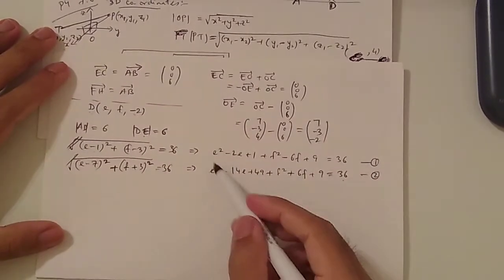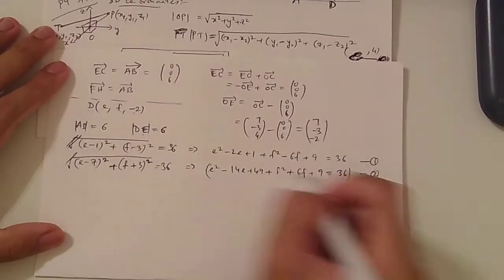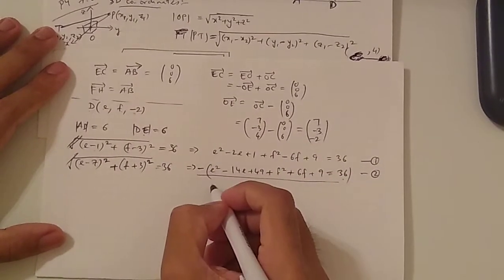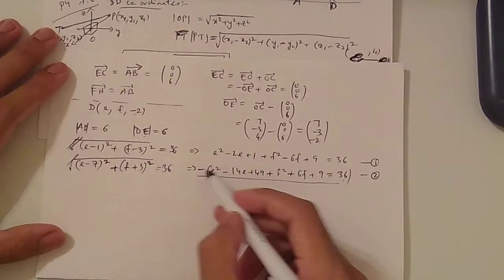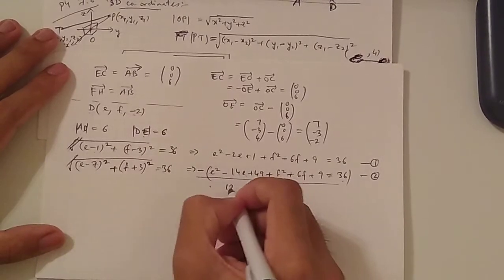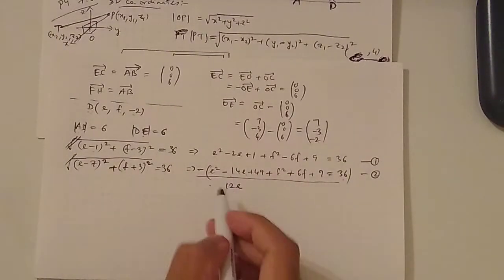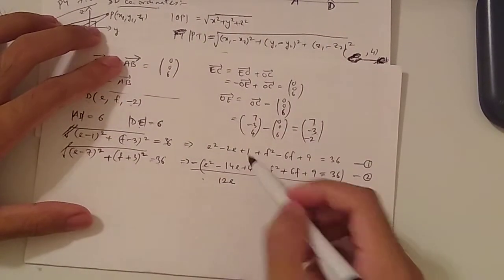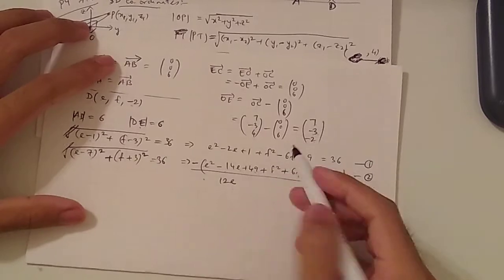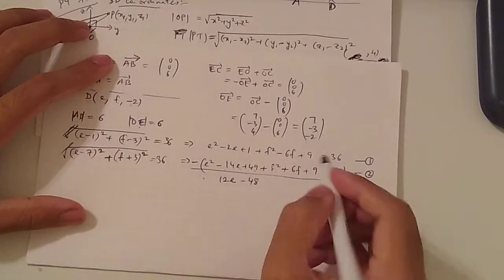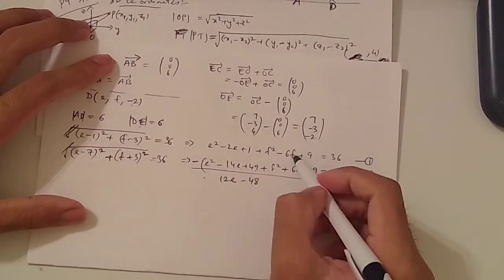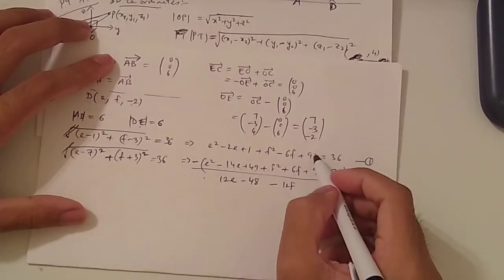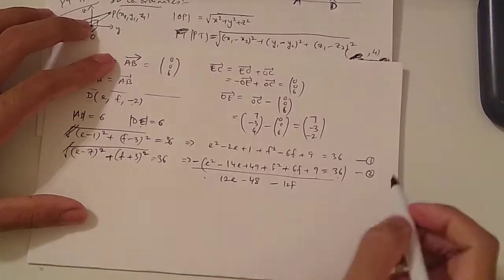Okay, so the entire equation is getting subtracted. We get e square minus e square is simply 0, minus 2e minus 14e is 12e, plus 1 minus 49 is minus 48. F square minus f square cancels out, minus 6f minus 6f is minus 12f, plus 9 minus 9 cancels out, and 36 minus 36 cancels out.